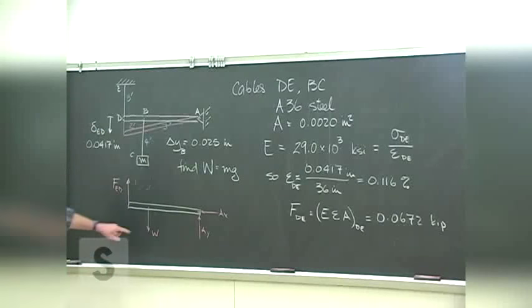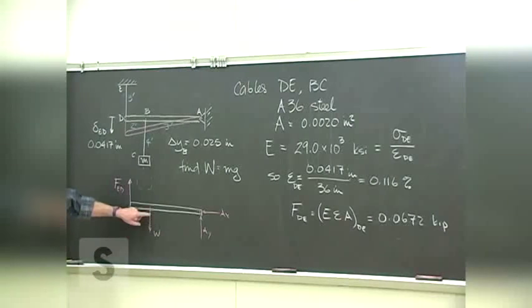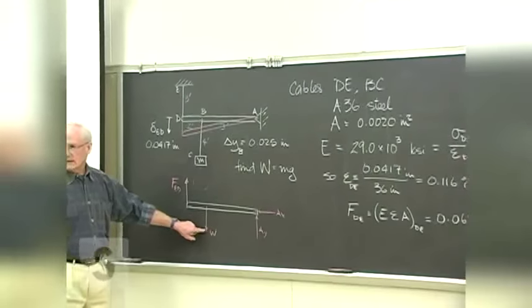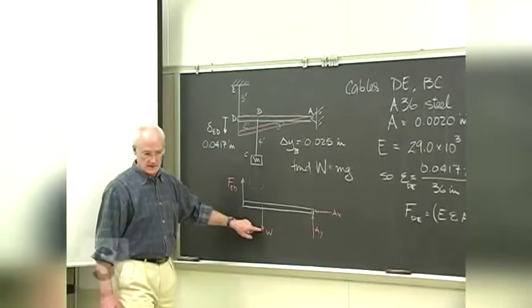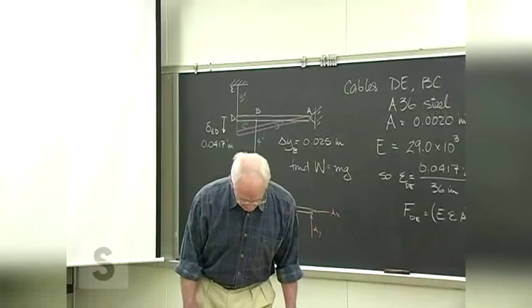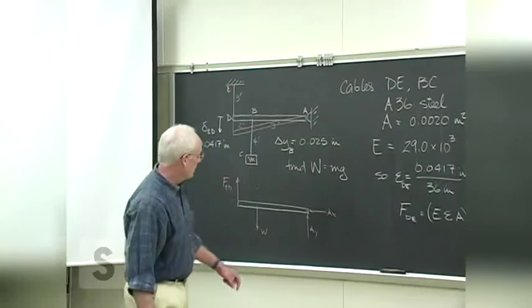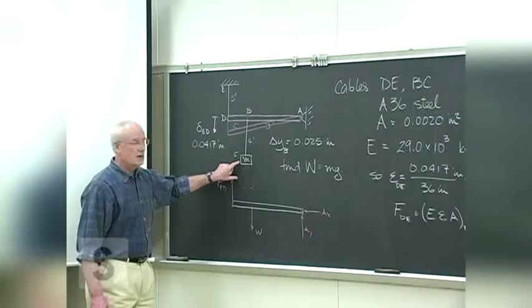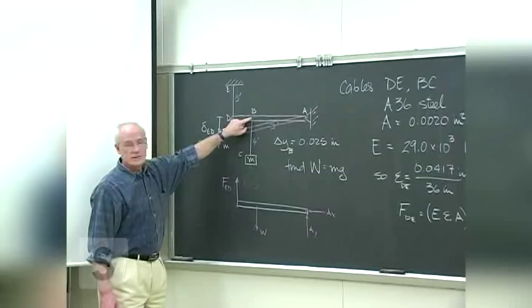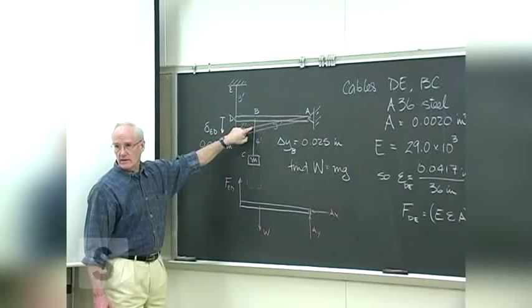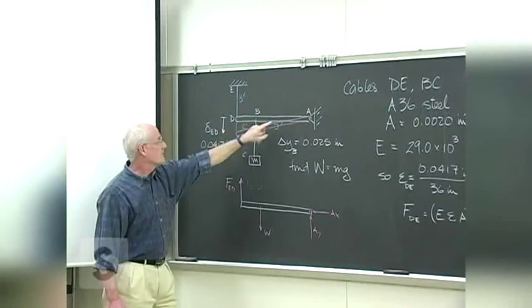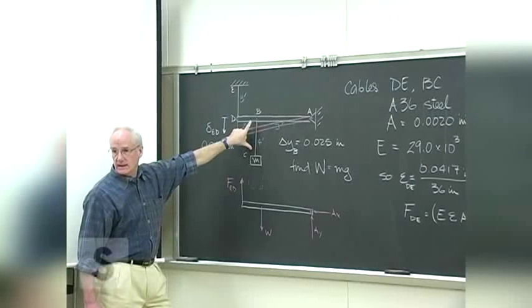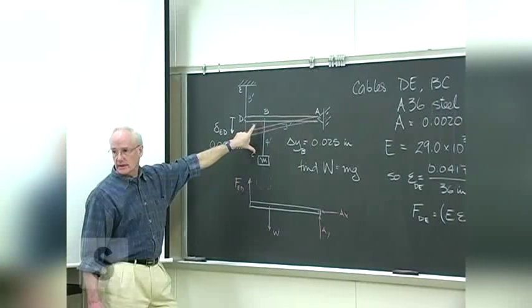Okay, with that, you can also find the strain in this piece, and then determine where the load actually ends up, because remember the load is going to drop due to the angle on the beam, and the fact that its own cable is going to stretch a little bit.